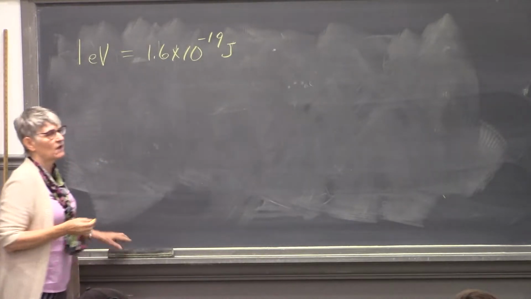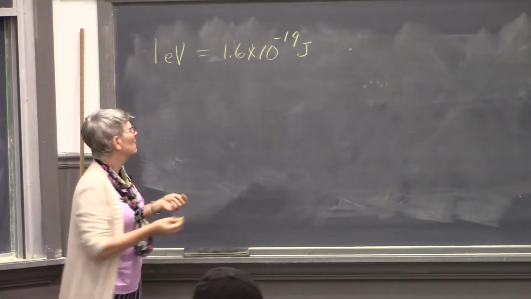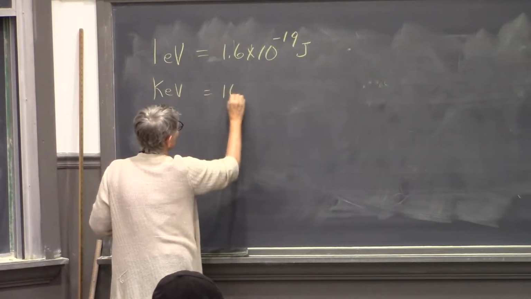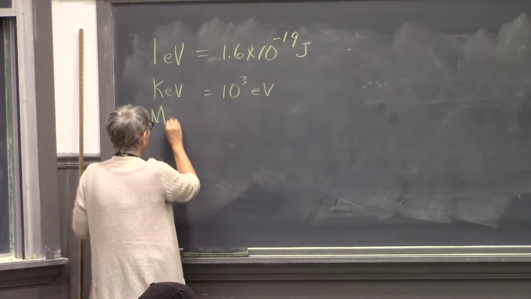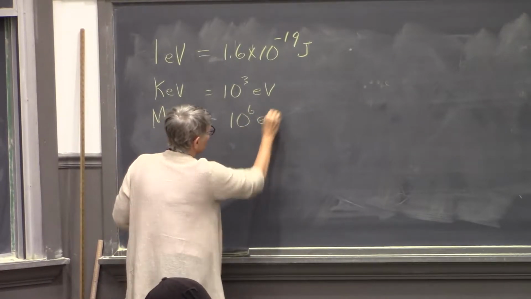And so you'll see energies of particles expressed in eV, or keV, kilo electron volts, which is 10 to the third eV, or MeV, million electron volts, 10 to the sixth eV.